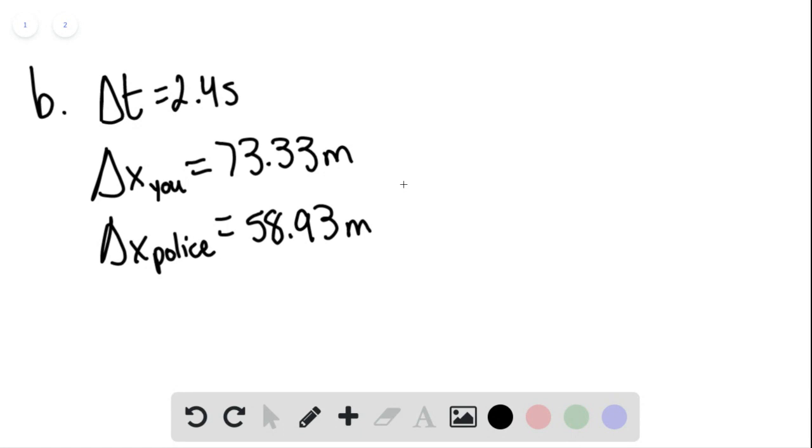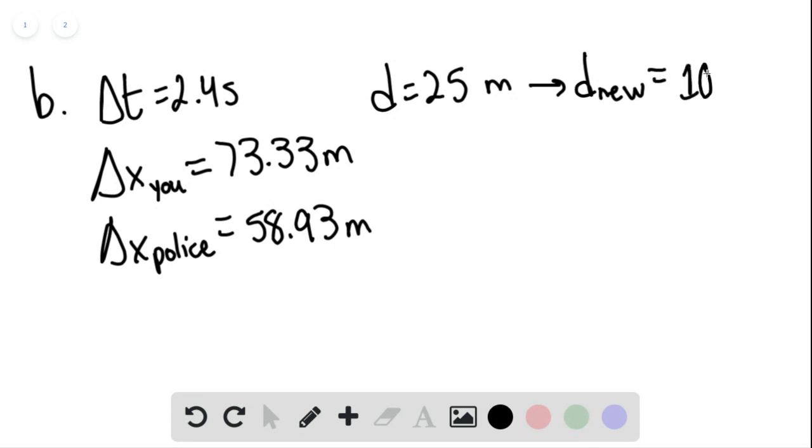Now here, the initial distance between cars, d, is again 25 meters. But now d new is going to be 10.6 meters.